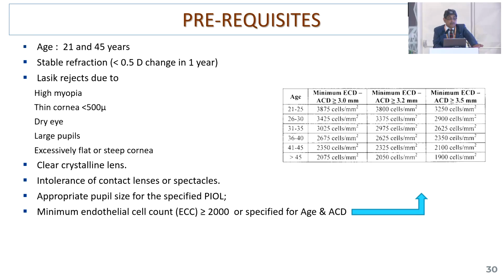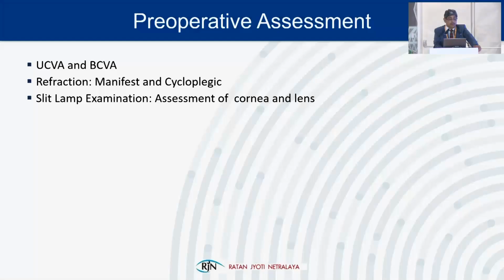And there should be a minimal endothelial cell count of more than or equal to 2000, and with the age and angle size and anterior chamber depth, there is a table here. And adequate crystalline lens rise should be seen.